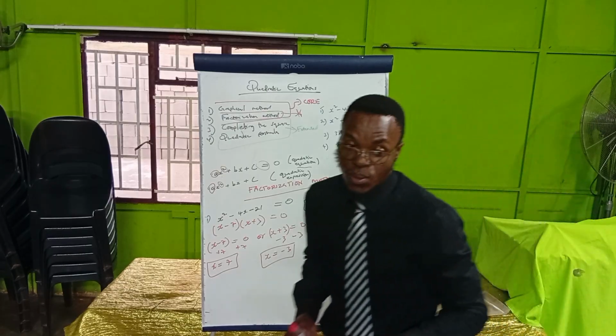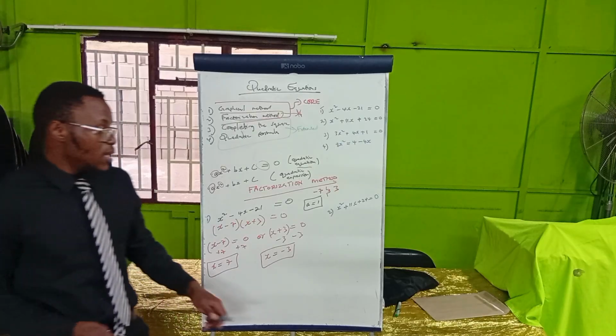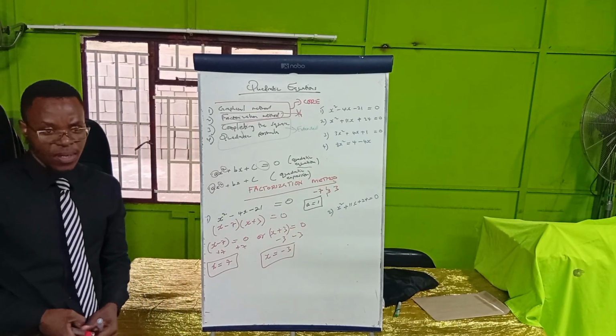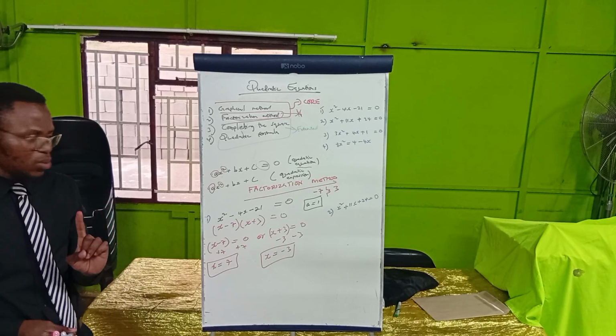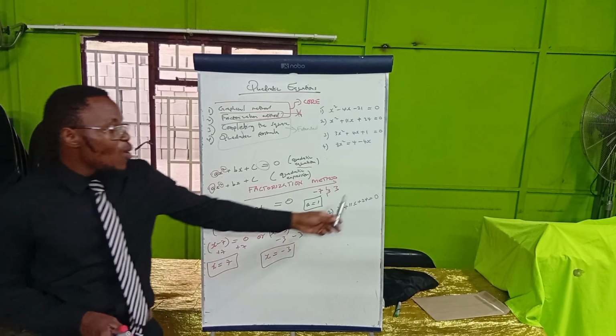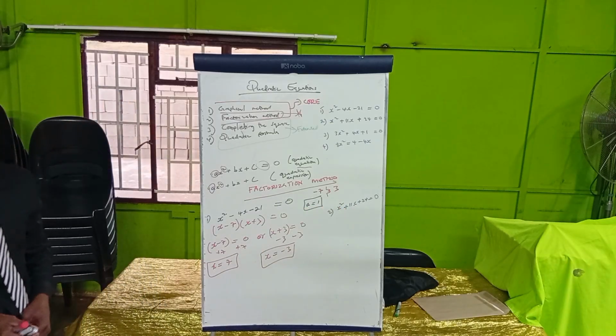Again, you'll notice that in this quadratic equation, the value of a, or the coefficient of x squared, is still 1. Which means we don't need to do a grouping. Now our constant is positive 24.